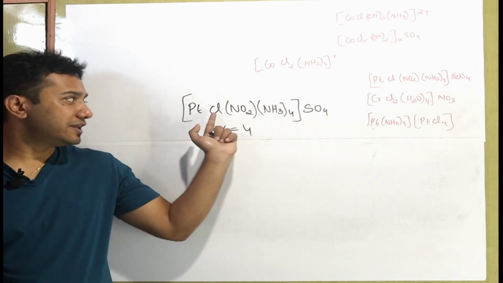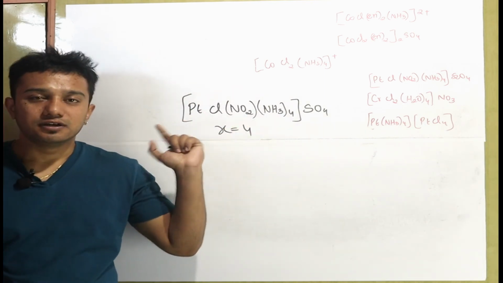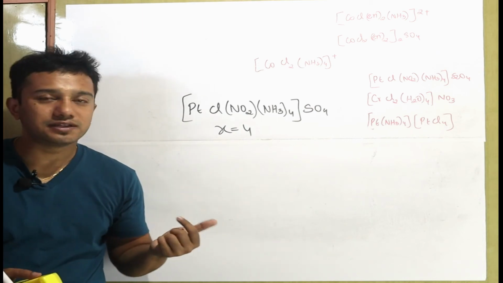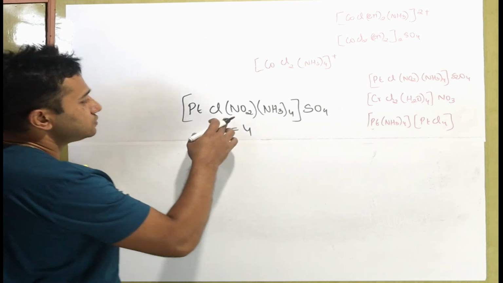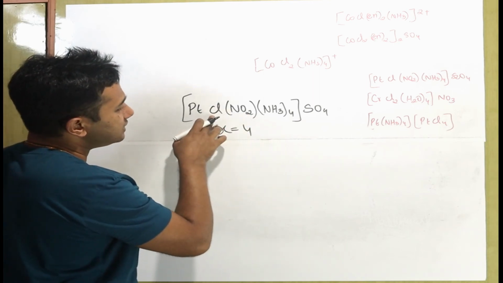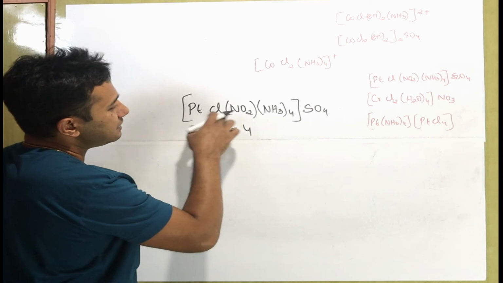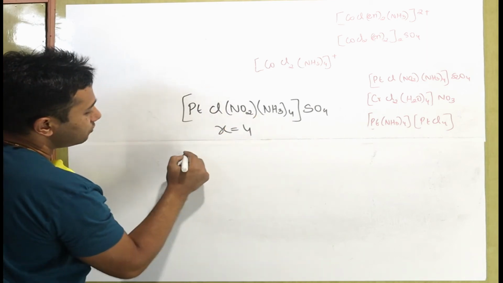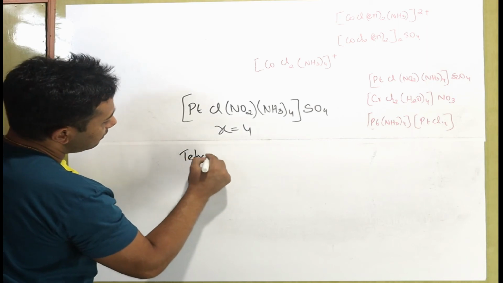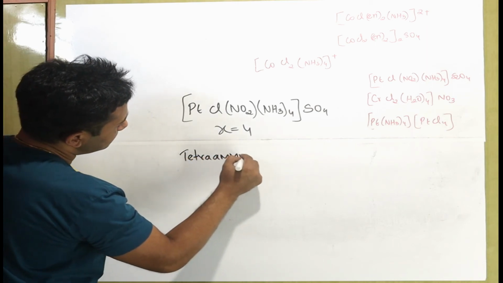Out here we have 3 ligands, 1, 2, 3 ligands. Since we have 3 ligands, again the same rule applies with the alphabetical order. So now Cl, this is chlorido, C, nitrito, N, amine, A. So A starts first. So I'll write tetraamine.